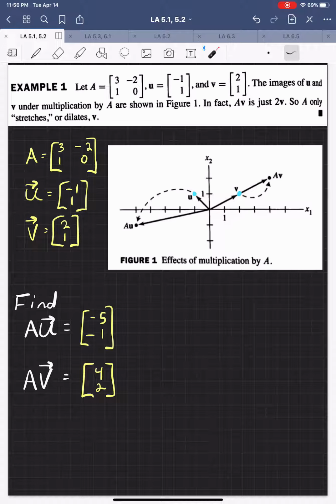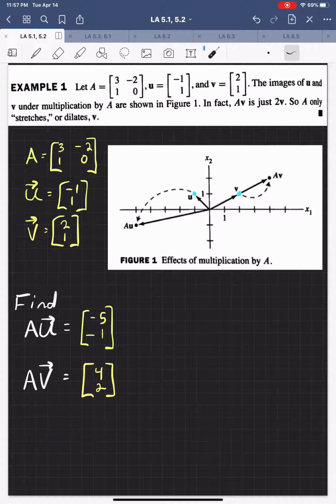Now, this latter case is what we're interested in. So what are we interested in? We're interested in the scenarios where you multiply a vector by a matrix, and all that matrix does is change the magnitude. It simply stretches or dilates your vector, makes it longer or shorter.